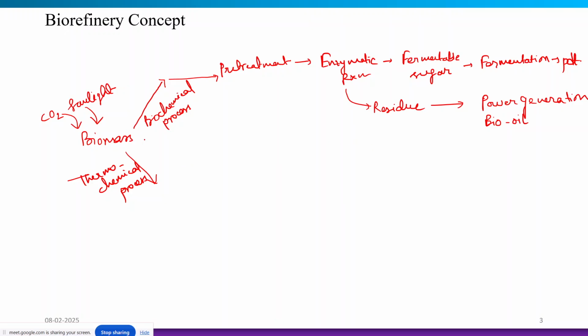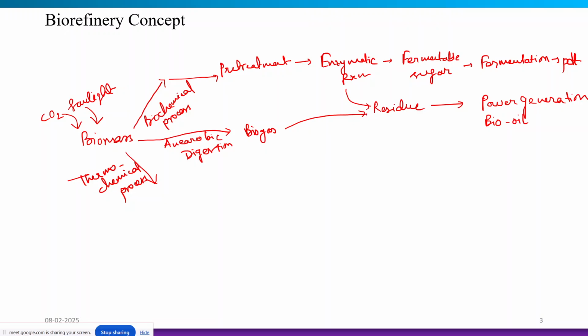When we are considering the biomass directly in the anaerobic digestion process, from that we will get a lot of biogas production. From that, the main biogas will be produced, and another part will go as a residue.